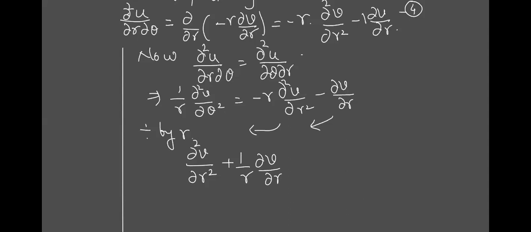It becomes 1 by r². And this is already there, a positive term. So I'll write 1 by r² ∂²v/∂θ². Correct? What remains if you have shifted all the terms here? What is remaining this side? 0.